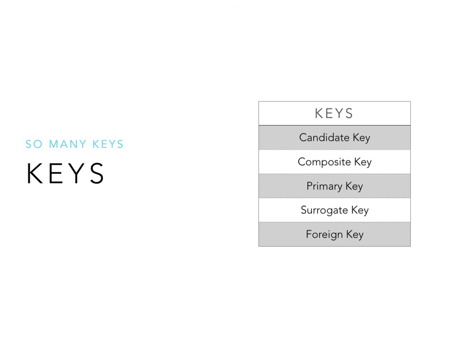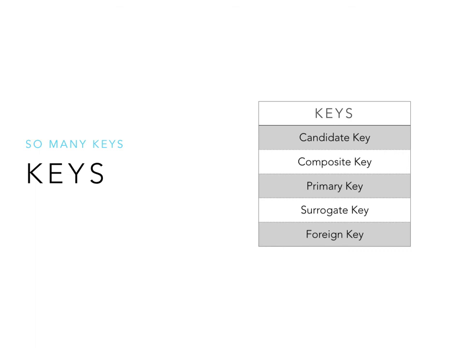First of all, a candidate key. A candidate key is a column that determines all the other columns in a relation. So it's something that could be a key because it uniquely identifies every row. The difference between a candidate key and the primary key is that the primary key is the one of the candidate keys that you've chosen to use as the unique ID.